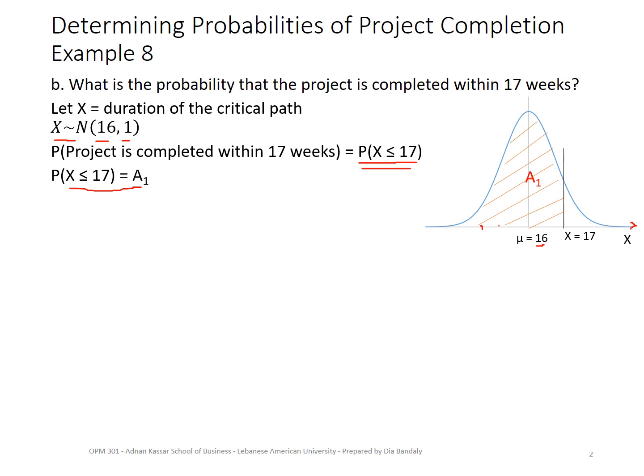We learned in QBA that for any variable X, it's not easy then to find the areas, right? So what we do, we refer to the unit normal distribution Z. So here we go. I'm going to show you the Z distribution underneath the X distribution.